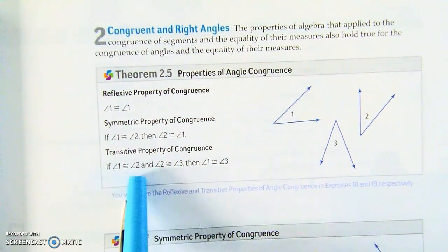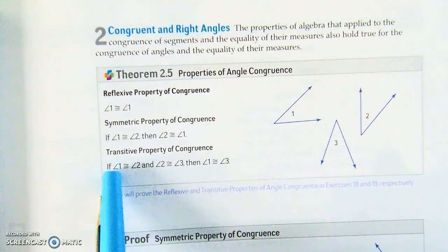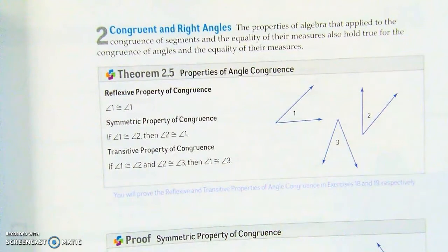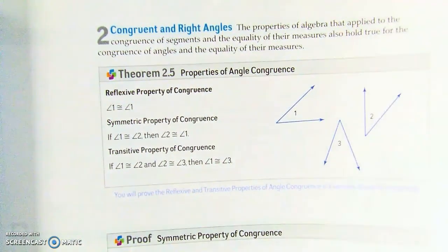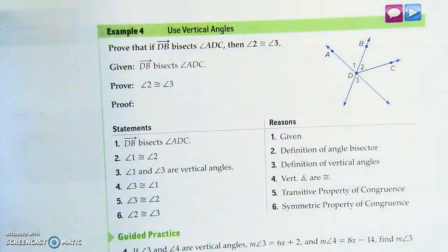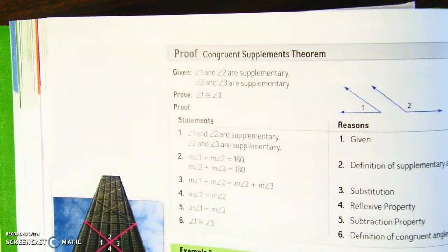And with angle 1 to angle 2, then angle 2 to angle 3, that means we take out the middle part and we get angle 1 equal to angle 3, which is all good. So that's where we're at with those rules. Nothing new that we haven't done with the segment addition postulate or with the properties of angle congruence in this scenario.